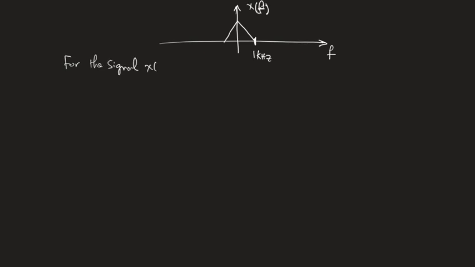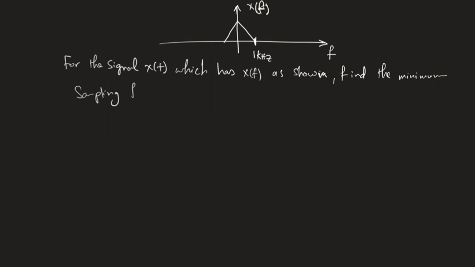x of t, which has X of f as shown, find the minimum sampling frequency, and it specifies Fs, so it tells you that you need to calculate things in hertz, okay?